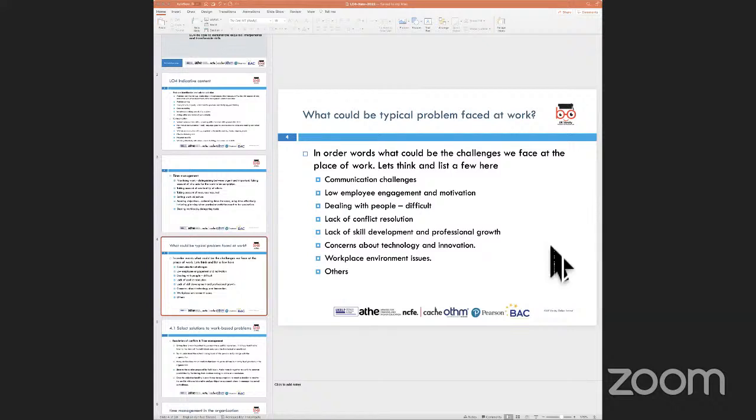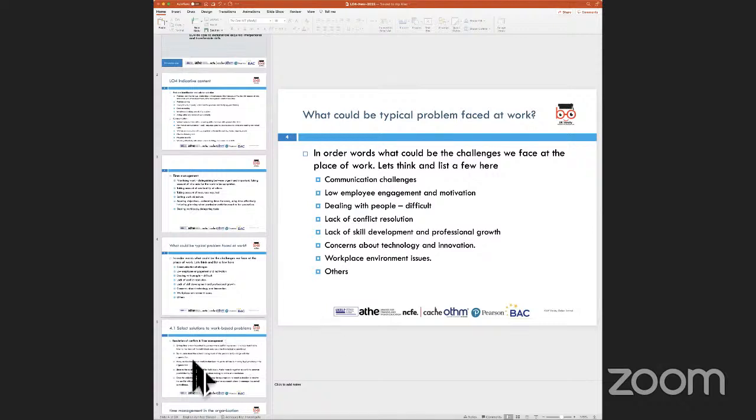People are being seated too closely together, or there are no proper resources available in some areas, things like a water dispensing machine or toilet facilities. And these could be typical problems that employees, as staff, as individuals, could face when you're at your place of work.